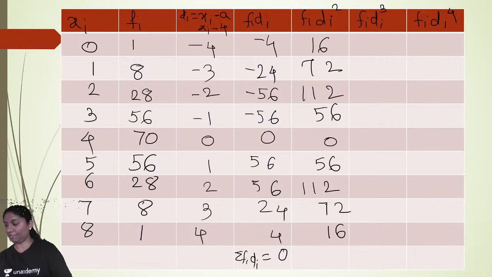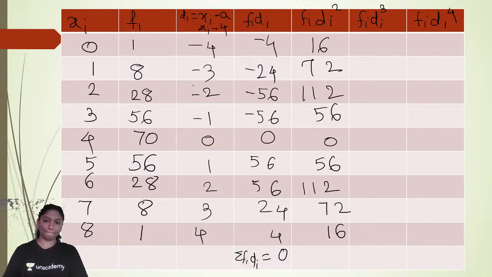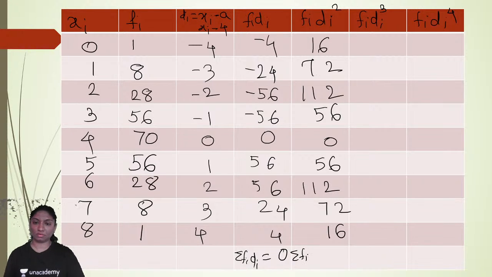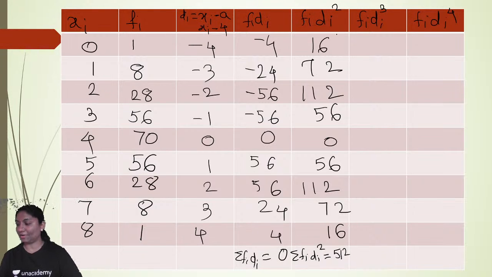The summation of fi di square is equal to 512. Now fi di cube. Exactly. Now this you can do with the help of a calculator.